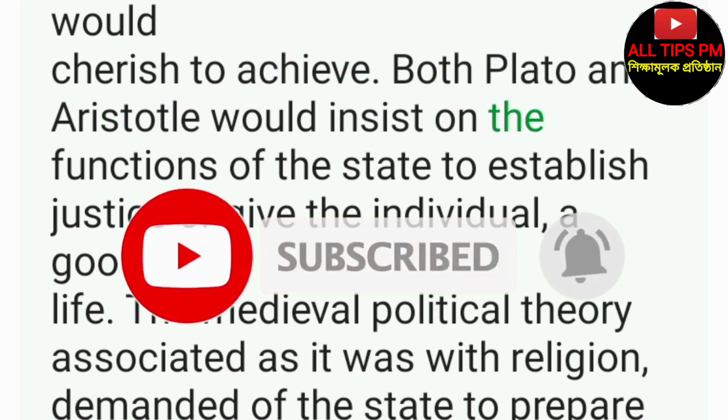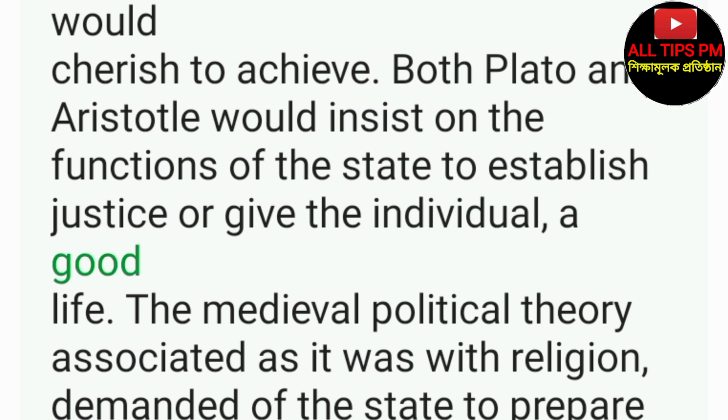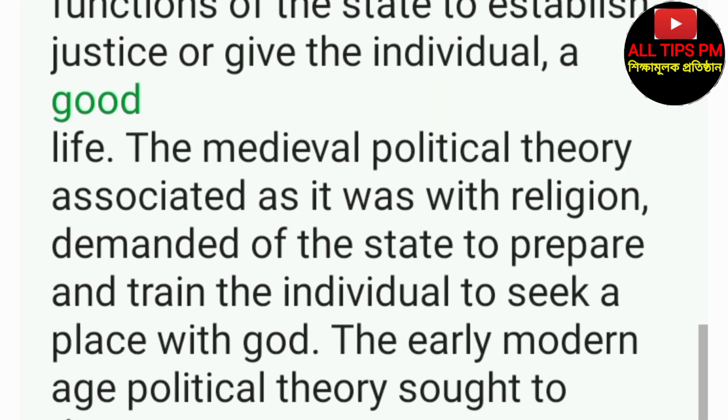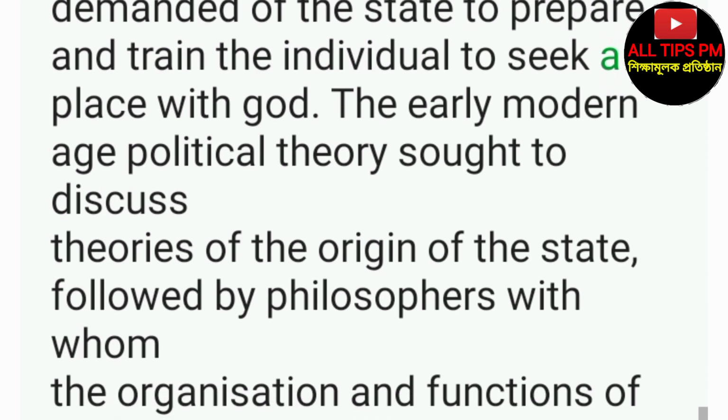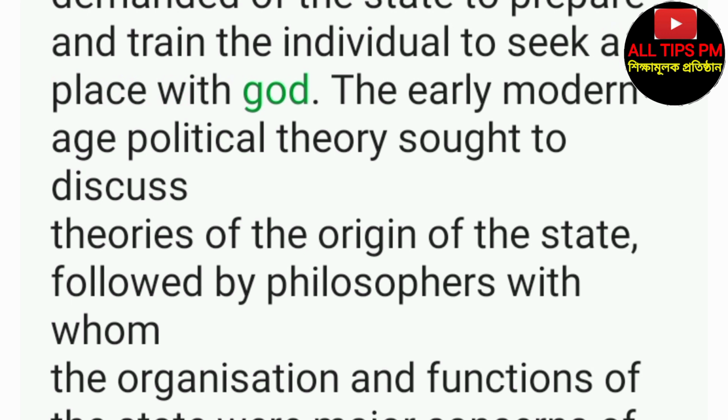Both Plato and Aristotle would insist on the functions of the state to establish justice or give the individual a good life. The medieval political theory, associated as it was with religion, demanded of the state to prepare and train the individual to seek a place with God.